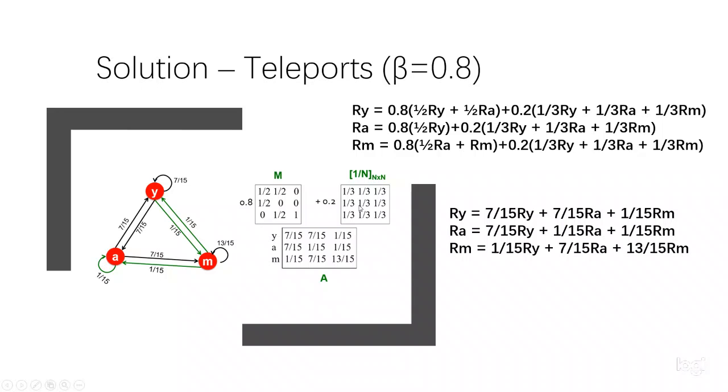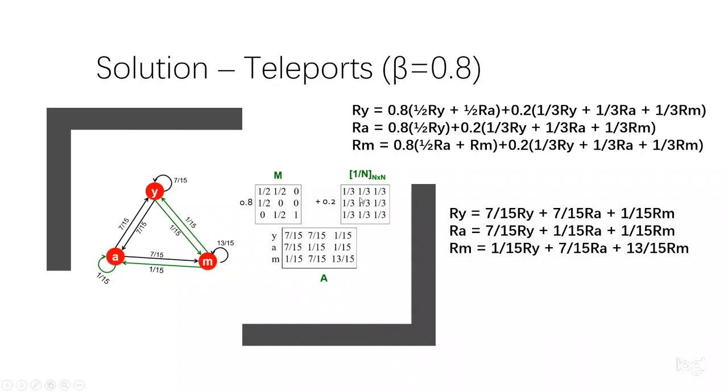So here is an illustration. We assume beta is 0.8. So there's a 0.8 chance that the user will follow the links, and there's a 0.2 chance at node M that they will randomly jump.